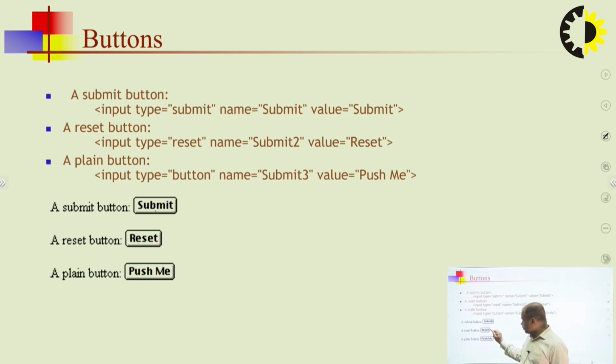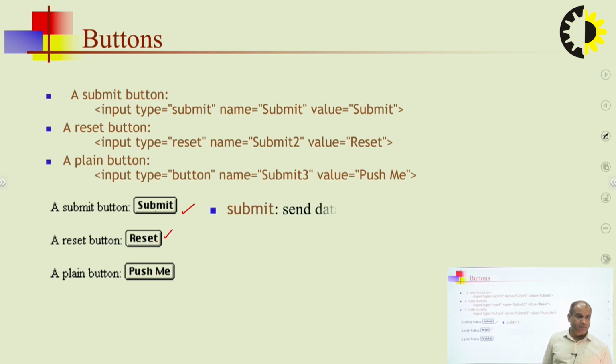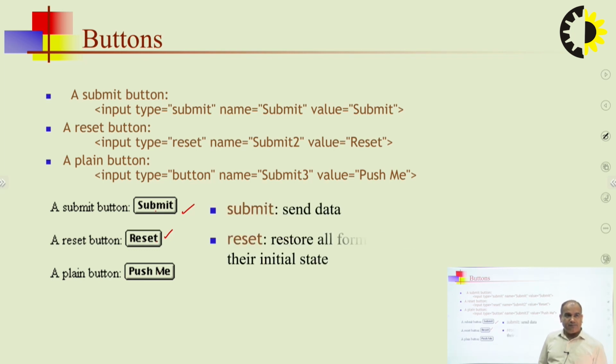These two buttons, submit as well as reset, have default functionality. Reset will reset the complete form values; submit will perform an action at the server once you click it. For a push button you have to write some script to perform an action. Submit will send the data, reset restores all the form elements to their initial state.